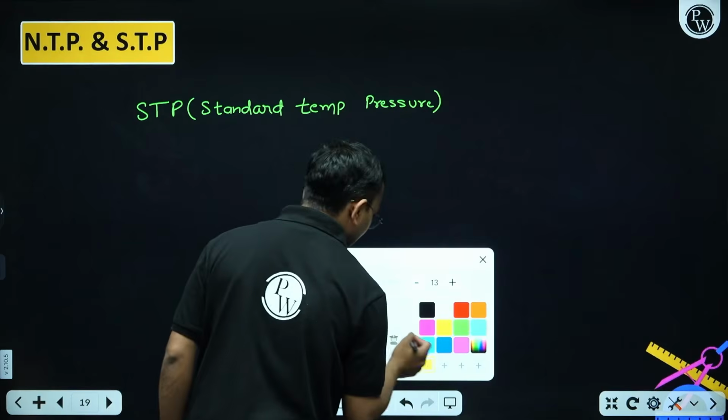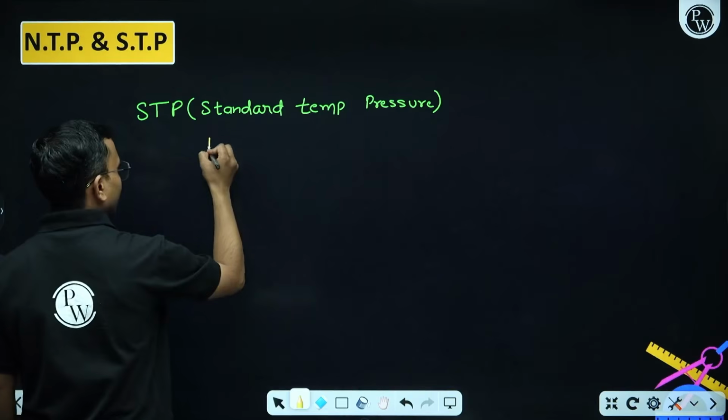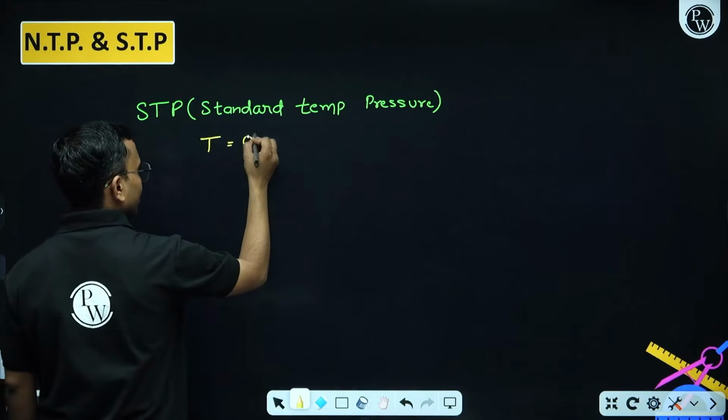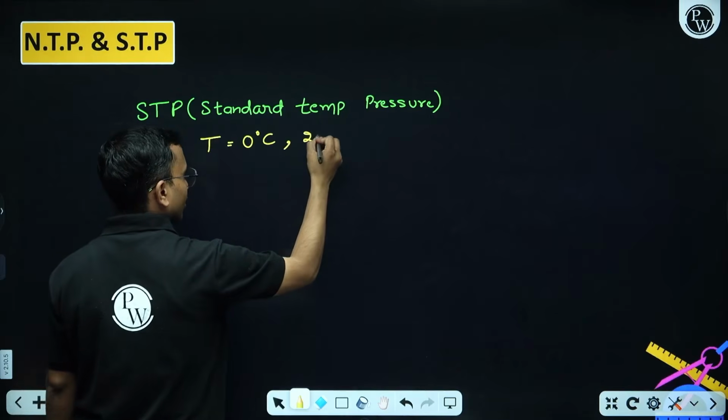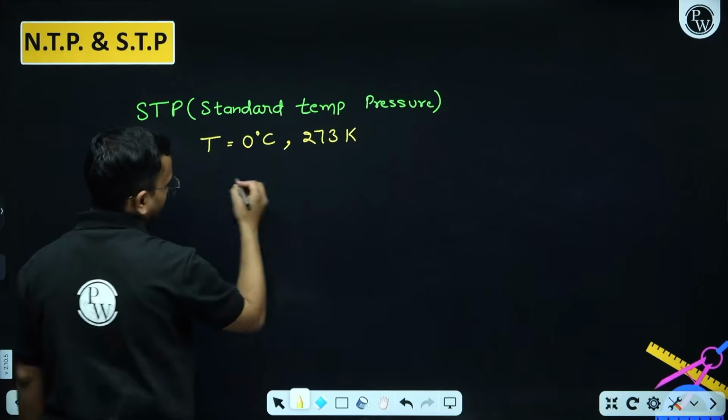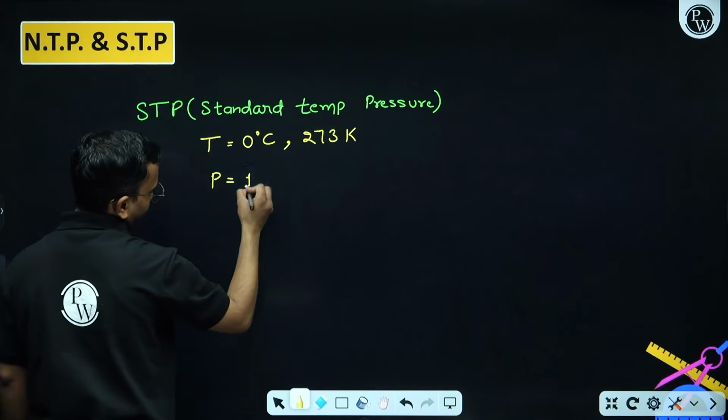So what is the temperature at STP? Here the temperature is 0 degrees Celsius, or 273 Kelvin, and the pressure is 1 atm.